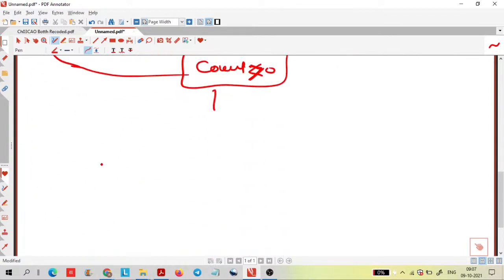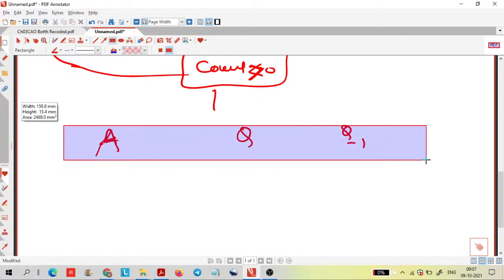So in the table method, what do we do? We represent the content of A, content of Q, and content of Q minus 1 in table form.